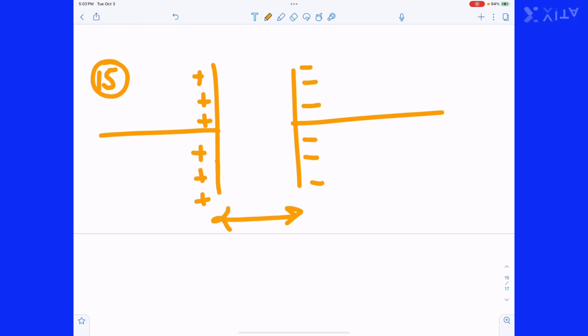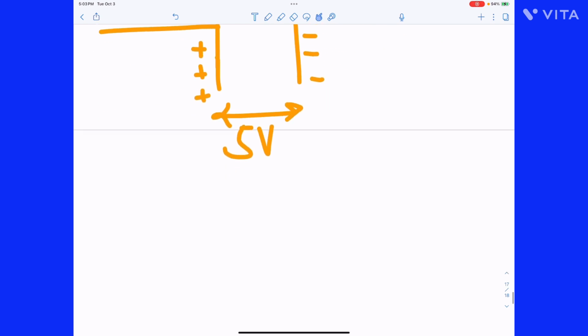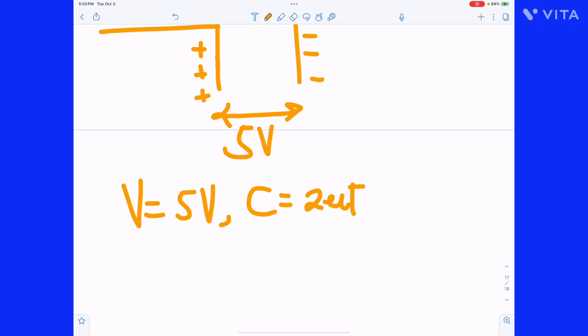The battery is 5 volt. So we write that voltage is 5 volt. The capacitance of the capacitor C is 2 microfarad.